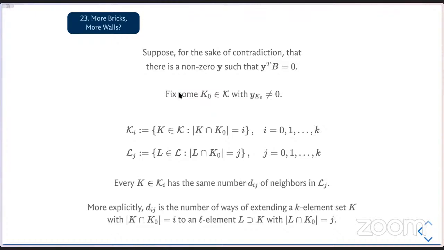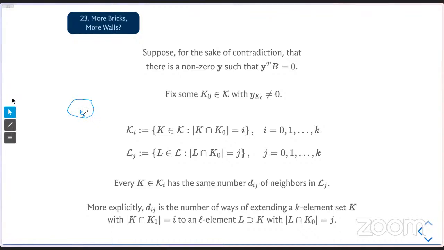So now it turns out that we are going to do homogeneity in a different direction from what we have seen. The claim is that if you look at any K and Ki, they have the same number of neighbors in Lj, and this is true for any i and j. And well, why is that? Well, fix the K and Ki. So here's your K naught.